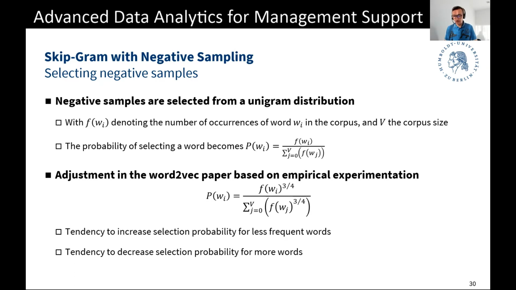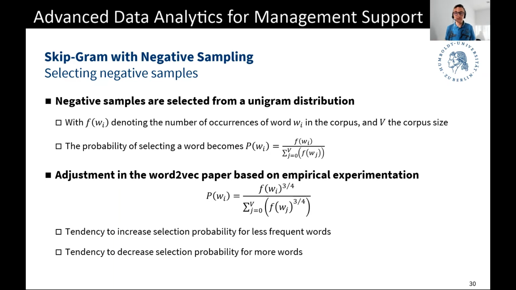It's purely based on empirical experimentation. It's pure heuristic. They found in their experiments it works a little better than sampling the negative examples from their probability of occurring in the corpus. But essentially, this is what you do.